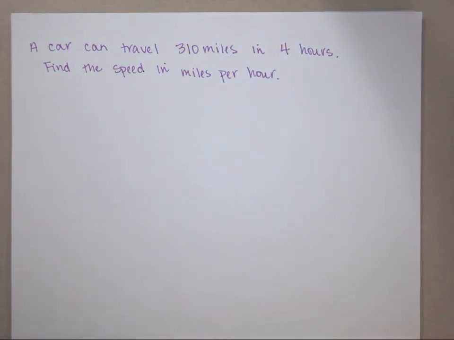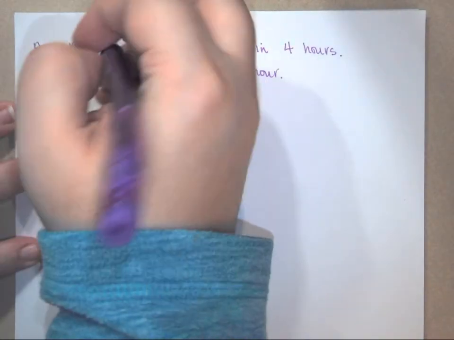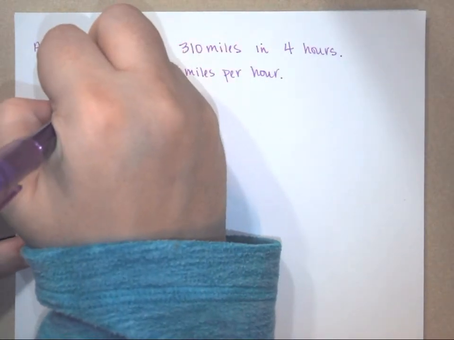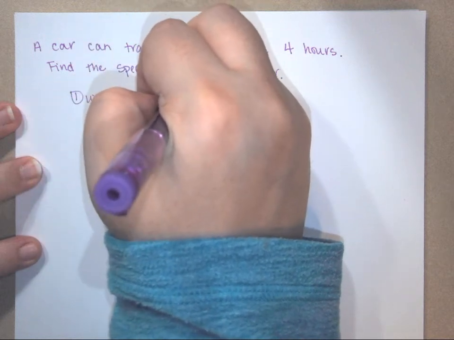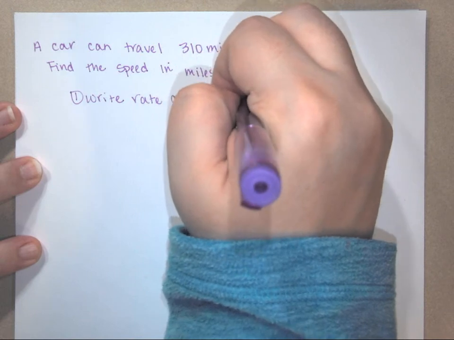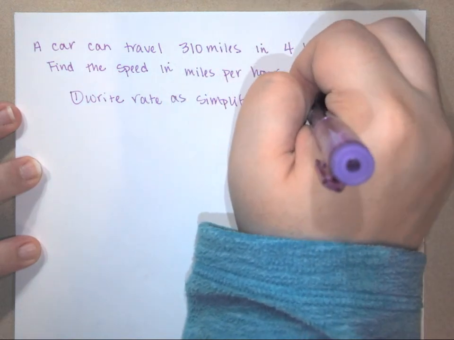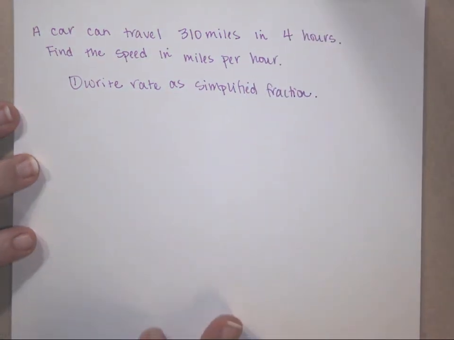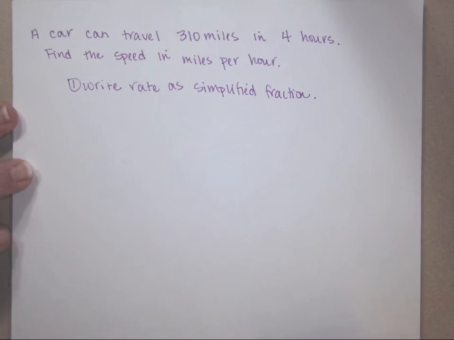So these are usually broken up into a couple of parts. Your first part usually asks you to write your rate as a simplified fraction. What this is wanting you to do is to simply put the information how it needs to go.